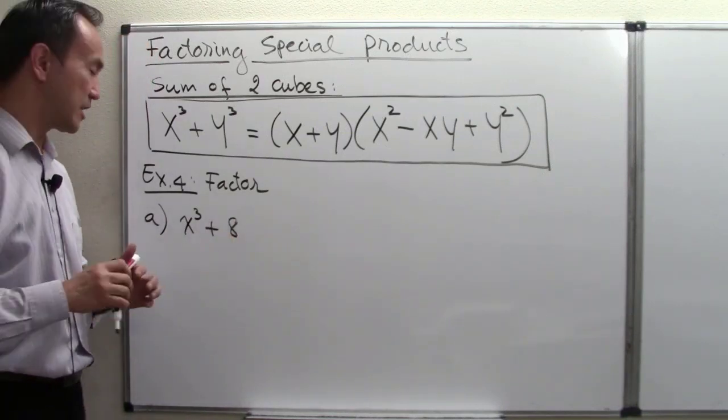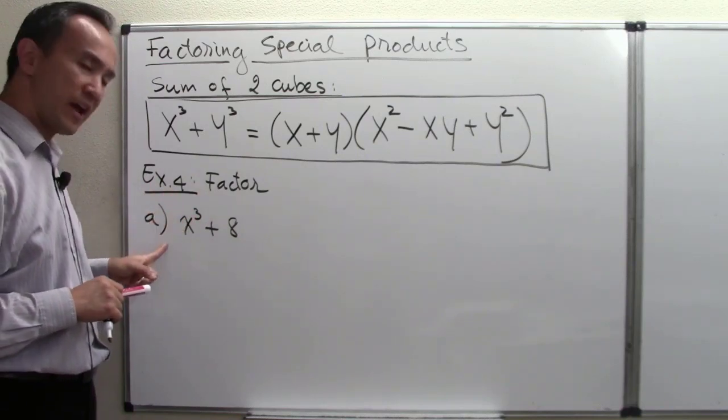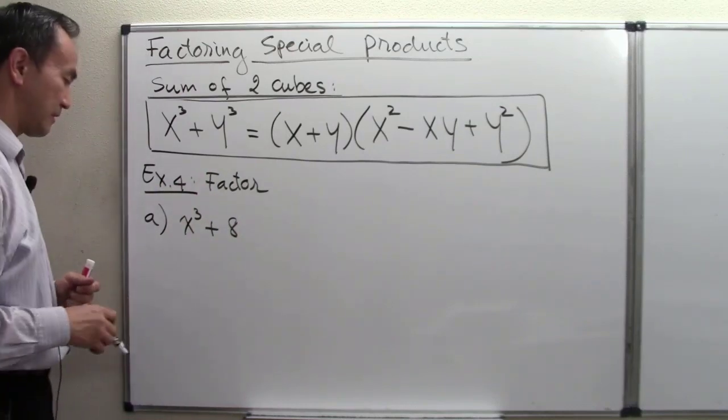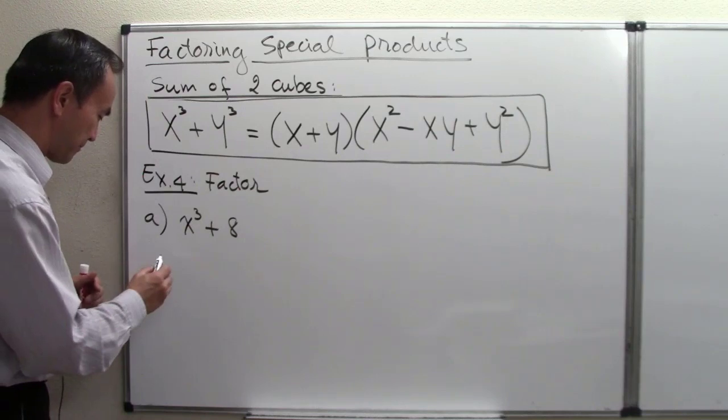All right, so let's look at some examples. In example 4, part A, we want to factor x cubed plus 8. The work is done similar to the problem we just did.